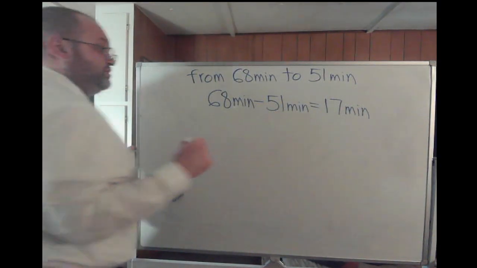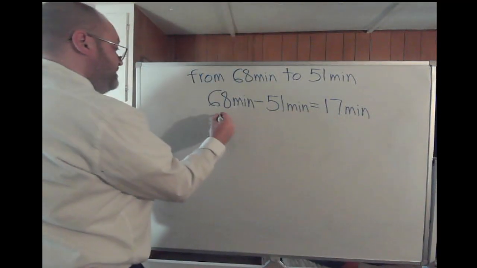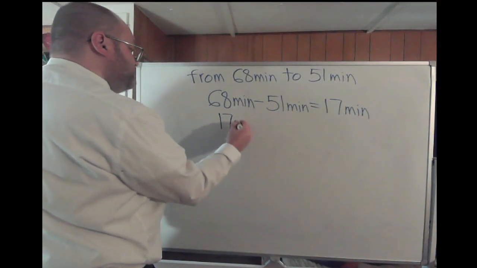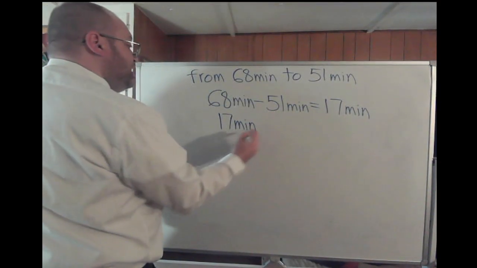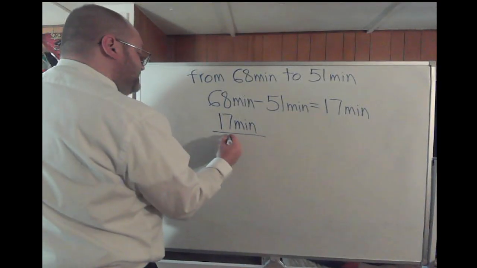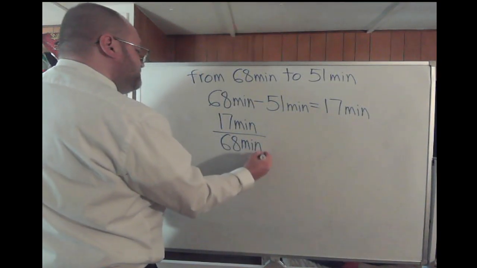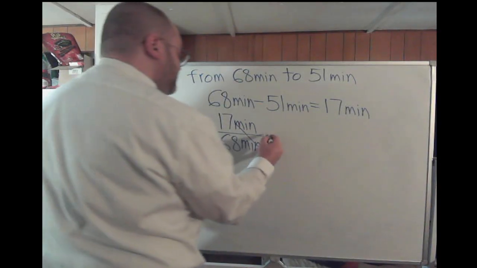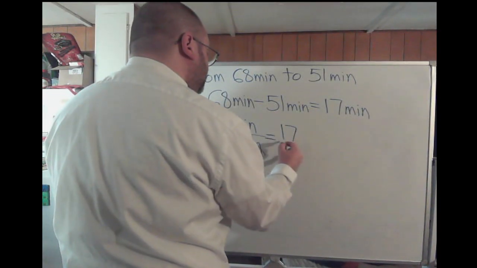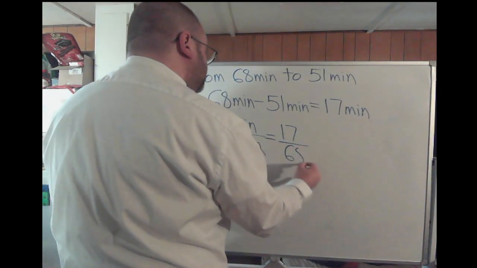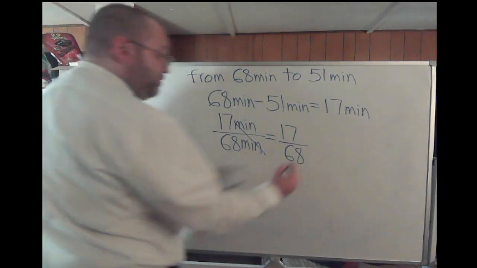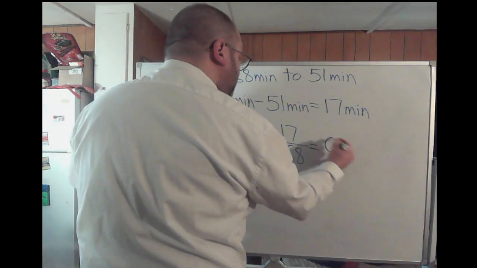What you'll still do, though, you'll take that amount of minutes you've changed, the 17 minutes, out of that 68 minutes, the original amount. Well, your minutes cancel, you're left with 17/68, which reduces to 1/4, which would be 0.25.